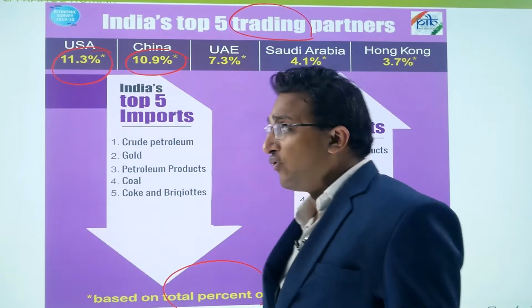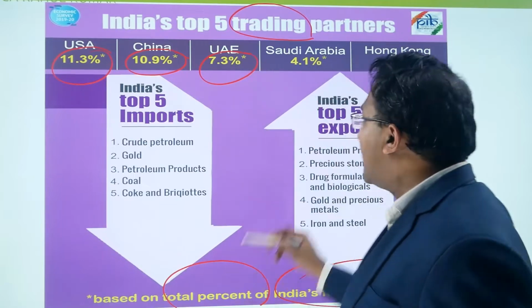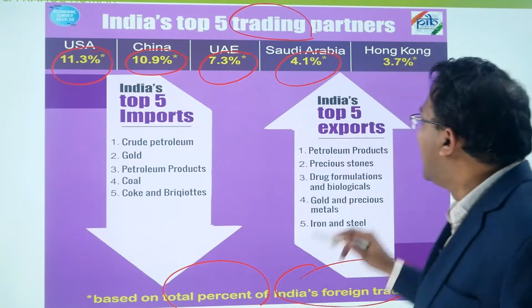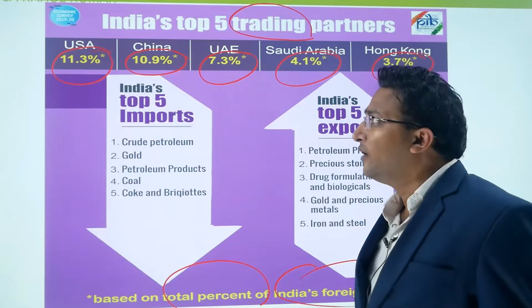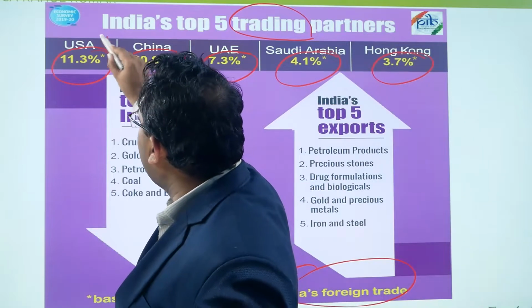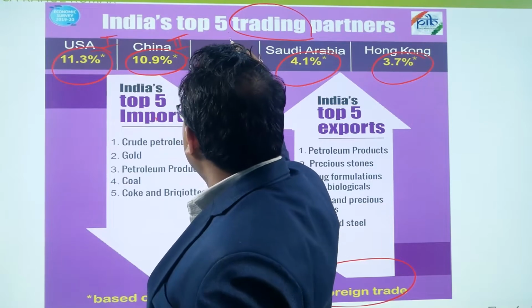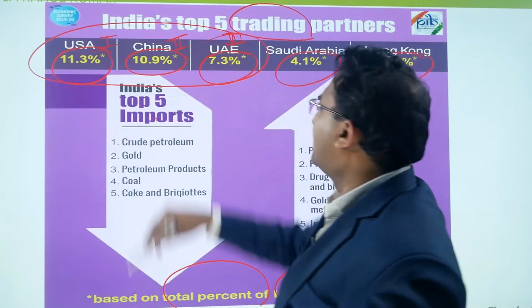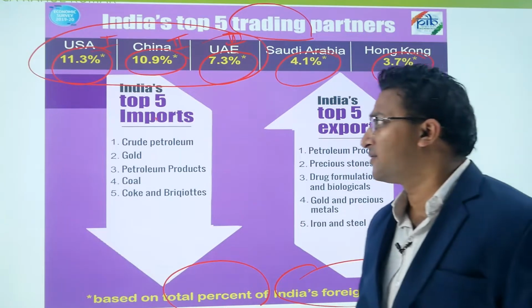UAE is having 7.3%. Saudi Arabia is having 4.1%. Hong Kong is having 3.7%. So the first highest trading partner goes to the USA, second to China, third to the UAE. So top 3 you can remember, otherwise you can forget others. USA, China, UAE, these are the top 3 trading partners.